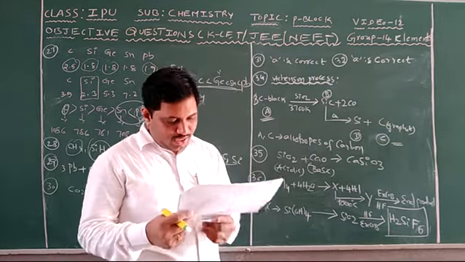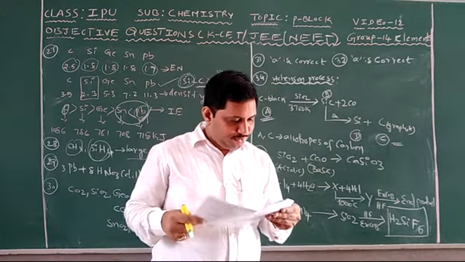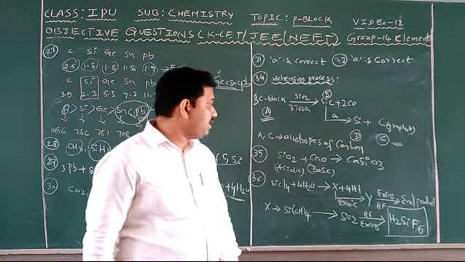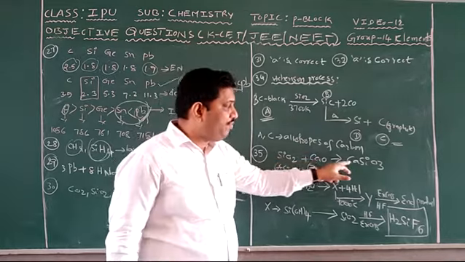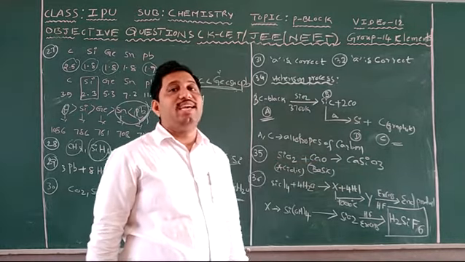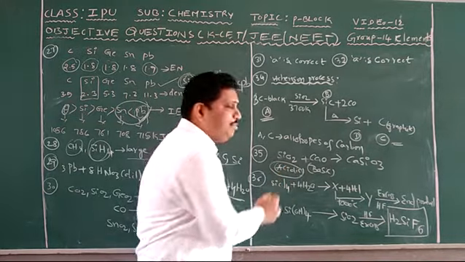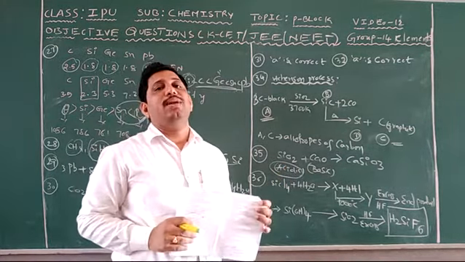So students, next question. Which is an acidic flux among the following? SiO2 reacts with calcium oxide to form calcium silicate, CaSiO3. Generally, flux means the substance that can be used to remove impurities.